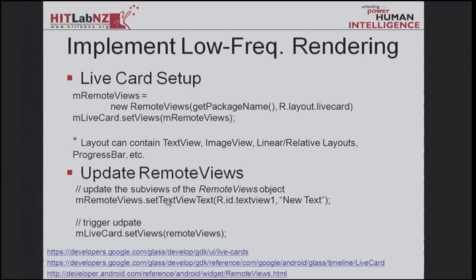And to update that remote view, you'll have to set it again. You can either create another remote view to change with, or reuse the remote view you've already created and set some of the properties of the views inside.